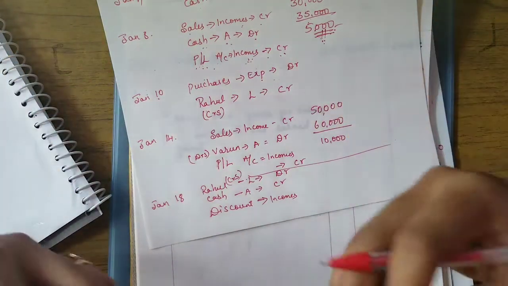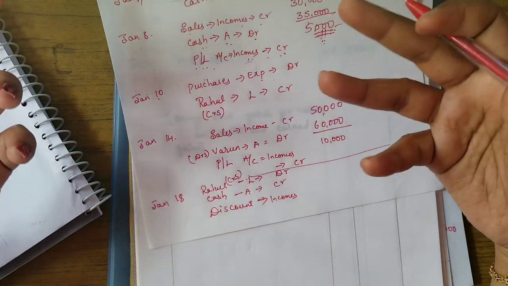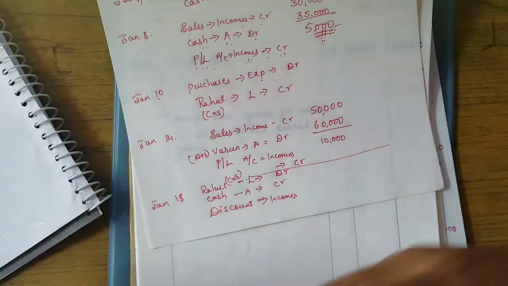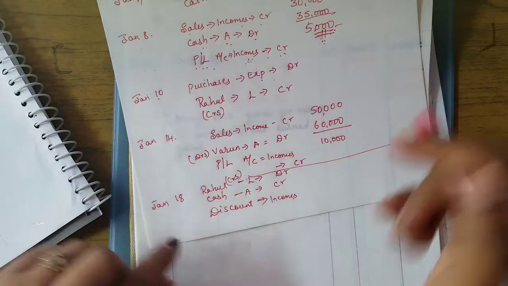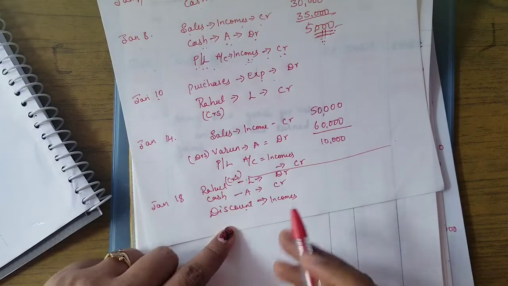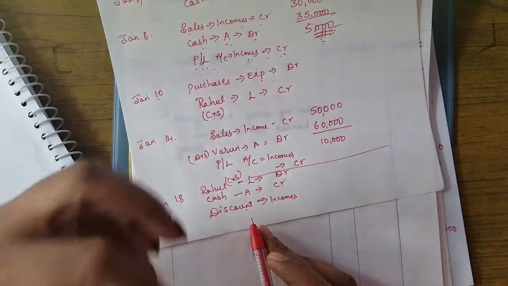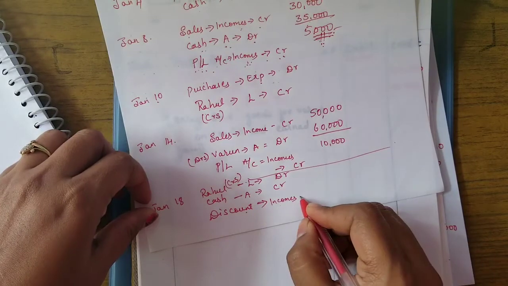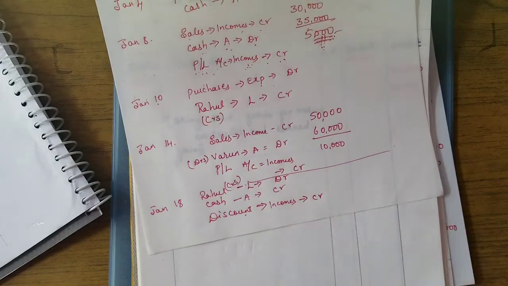In case some person X is making the payment to us of 55,000, but instead of 55 he is paying 53, assuming, in that case, if we are giving the discount, that is discount allowed, that becomes an expense. During the purchases, we purchased certain goods and we are making certain payment. When we are making payment, if we receive a discount, that becomes an income. So here, increase in income will be credited. Okay, are you able to follow?